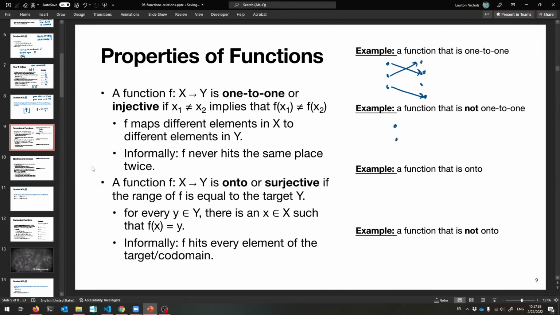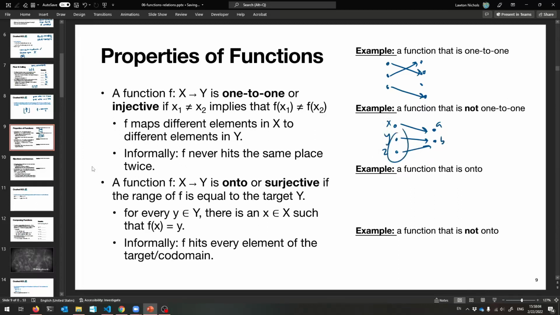So here is 1, 2, 3, and 1, 2. We're kind of forced to have a function that's not one-to-one if our target is smaller. So let's say the first thing goes here, the second thing goes here, and the third thing goes here. Let's call these x, y, and z, and let's call these a and b.